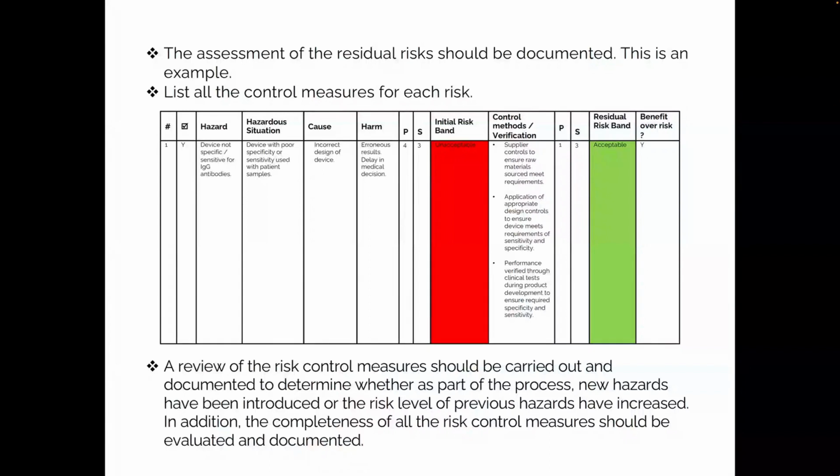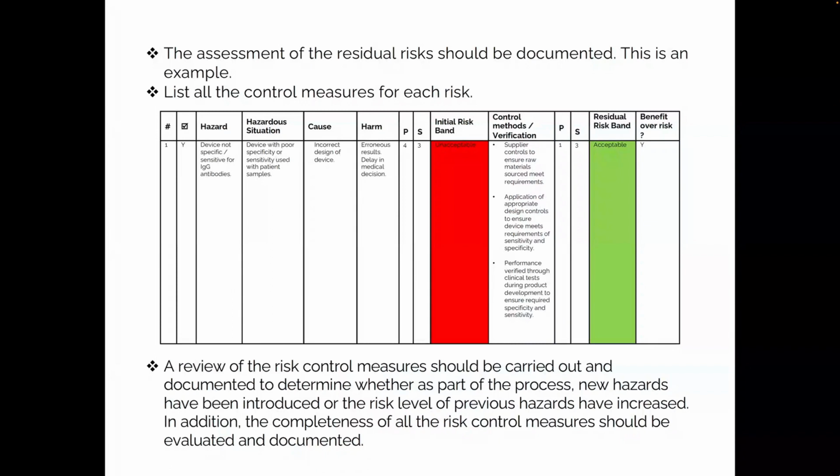So in terms of the control measures and the expectations, you verify those control measures. There are control measures within the quality system in terms of how raw materials are sourced. There are design controls, and there's an expectation during the product design that you verify the specificity and sensitivity of the product, doing claim support to justify that the probability is being reduced, and you've driven that risk down to an acceptable level, and the benefit of the device is greater than the risk.